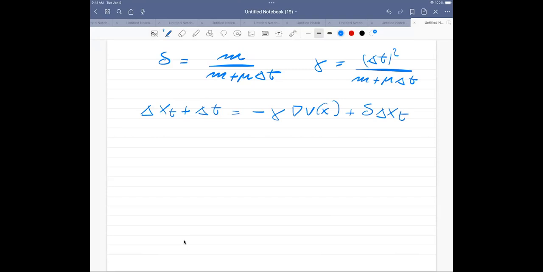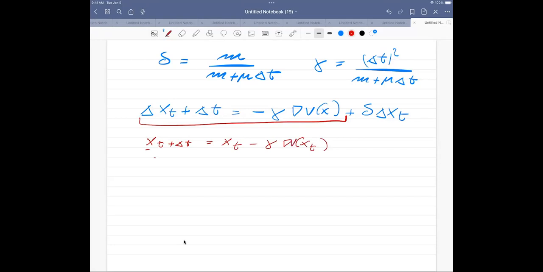Now, if you look at the first two terms here, that is nothing but the standard gradient descent method, which we have seen before. If I rewrite it, this is x of t plus delta t, the next value. So I can reshuffle it, and then I have x of t minus gamma of dv of x, and this dv of x is calculated at this value t.